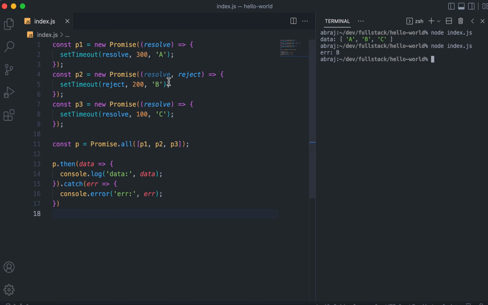But had this P2 also been resolved, then it will wait for all settlement, right? So all settling of every promise or rejection of at least one promise. That is how all works, right? But the main thing is that if instead of reject it is resolved, then everything is resolving, we get the whole data. That is the difference where the race comes in, right?